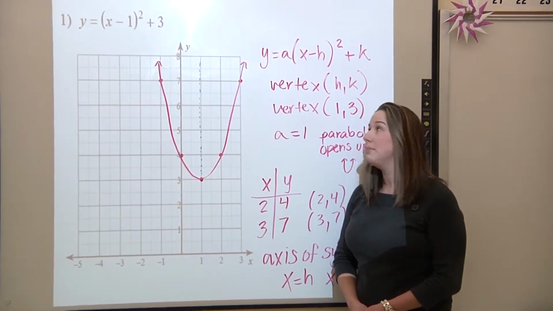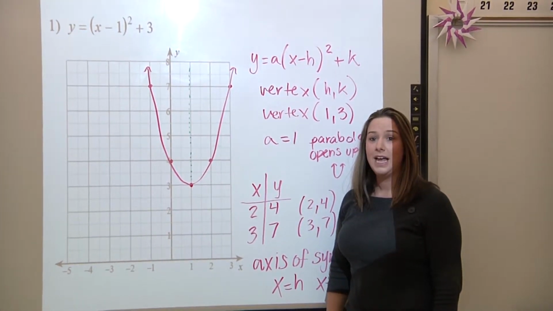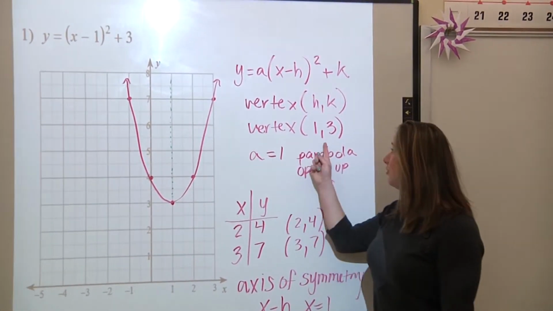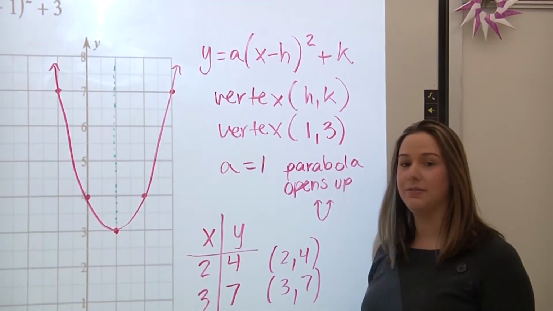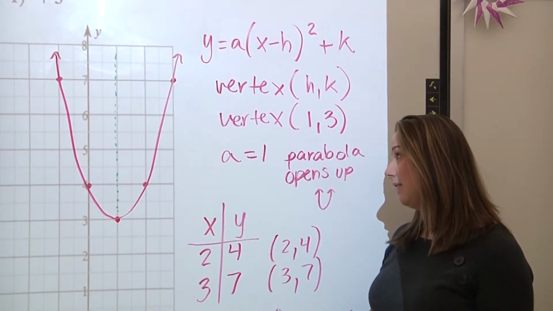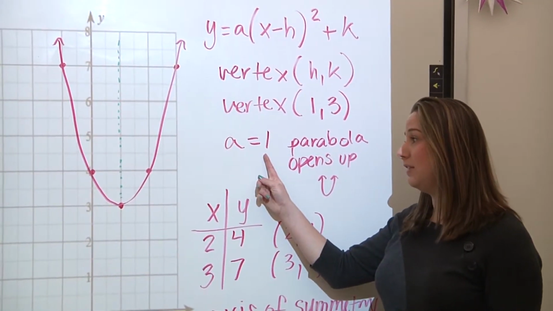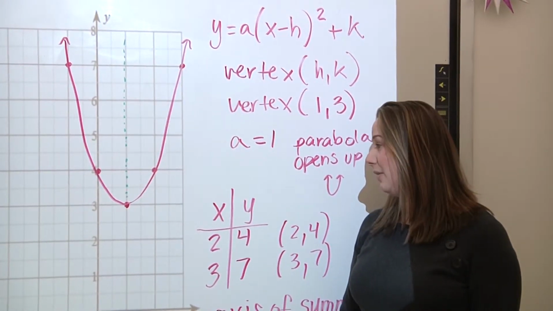So to recap the steps, first thing is to identify the vertex, which is always h, k. Once you have the vertex, you plot that point. The next step is to identify if the parabola opens up or opens down based on the a value. If the a value is positive, the parabola opens up. If the a value is negative, the parabola opens down.